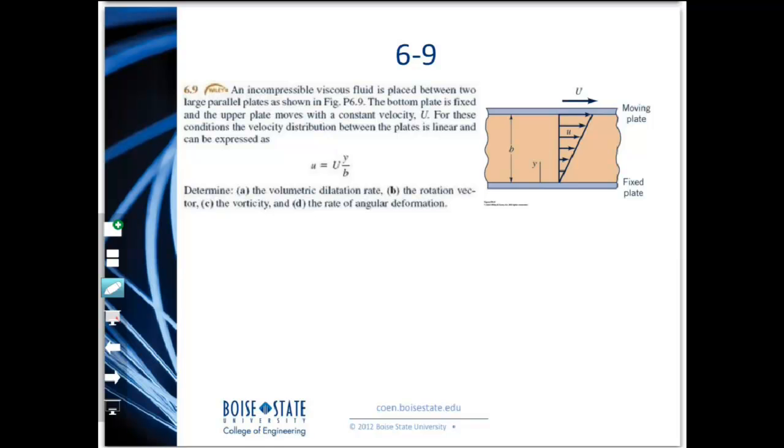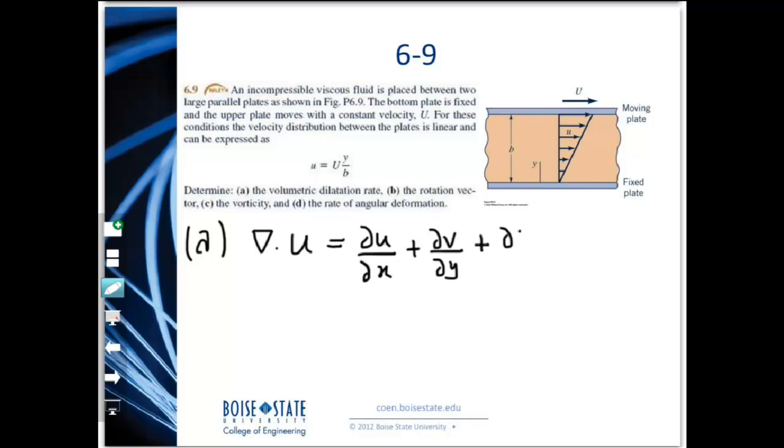So let's go ahead and do the volumetric dilatation rate, which is nothing but del dot V, equal to dou u dou x plus dou v dou y plus dou w dou z.